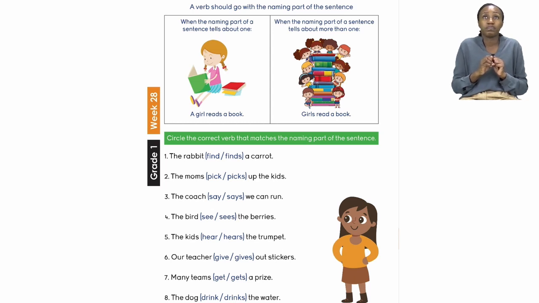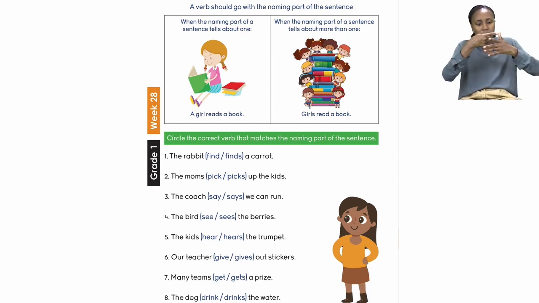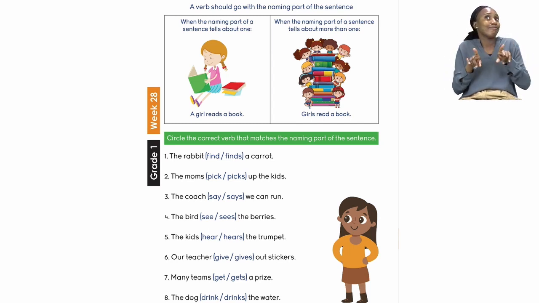All right, now you have to go ahead and do the same with the following sentences. It says, circle the correct verb that matches the naming part of the sentence.